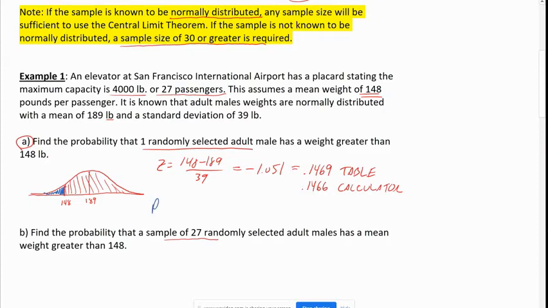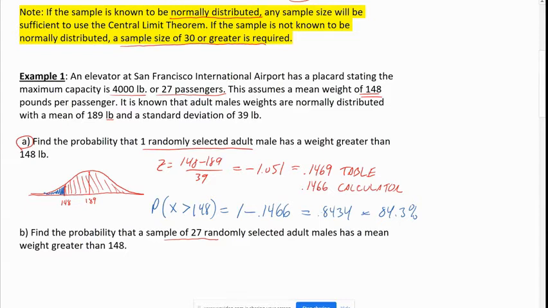So the probability of X of one person being greater than 148 is equal to 1 minus 0.1466, or if you were using the table, 0.1469, and that is 0.8434, which means about 84.3% of the men, or the probability of choosing one male that is greater than 148 pounds is about 84.3%.